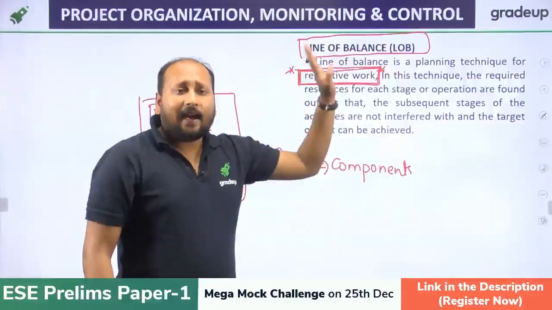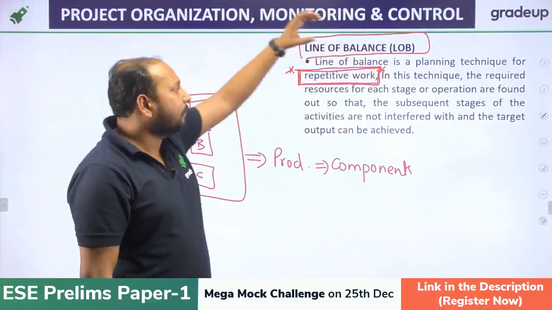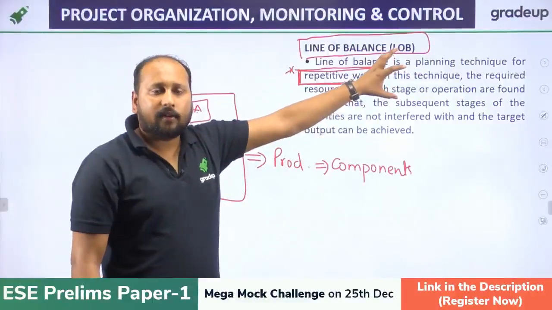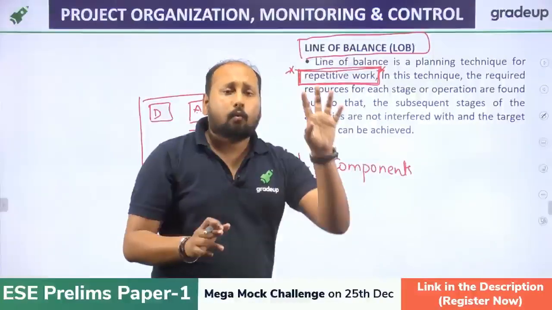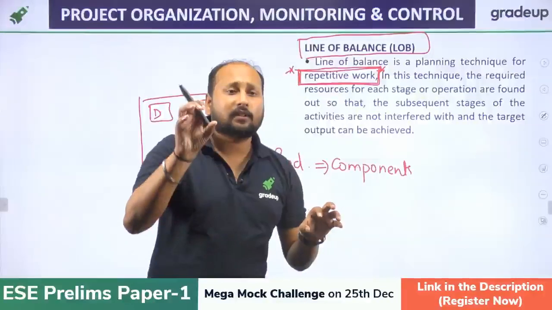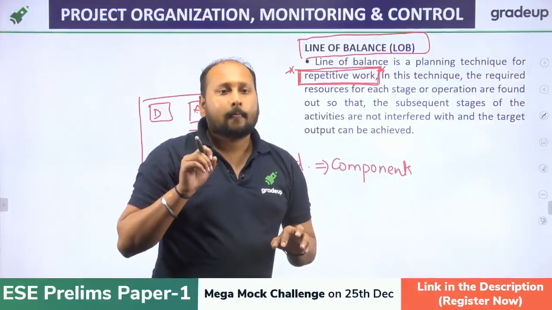Clear? I have highlighted 2 key points. Whenever you are talking about line of balance, remember you are talking about repetitive work. In your complete work schedule, you will see which different types of activities are repetitive. So we try to find out the repetitive work.